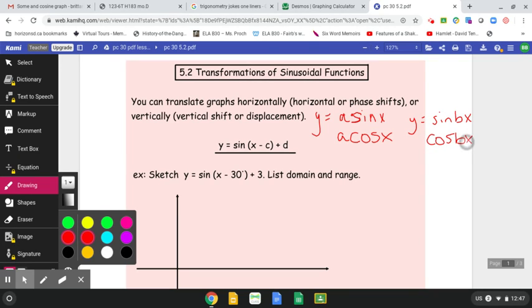A's affected the amplitude; you just had to take the absolute value of A. And your B's affected the period, so that was either 2 pi over B or 360 divided by B, whatever you had to do.